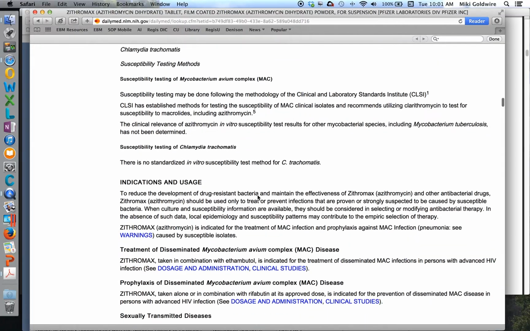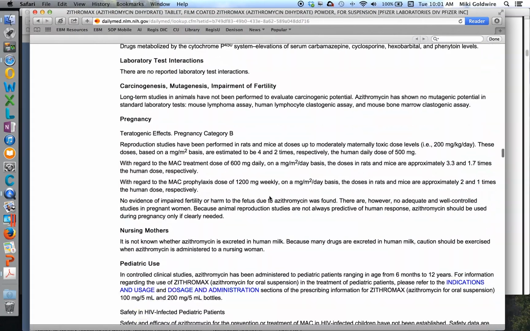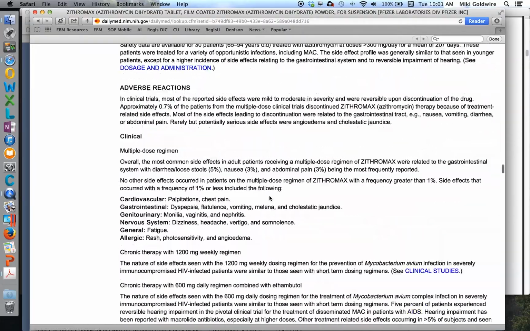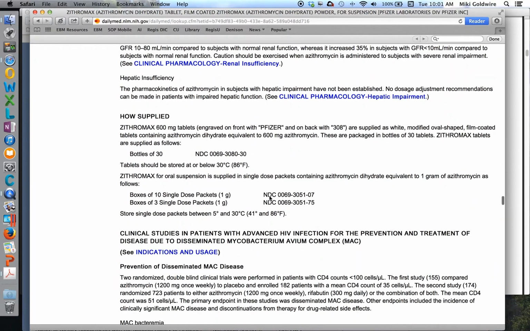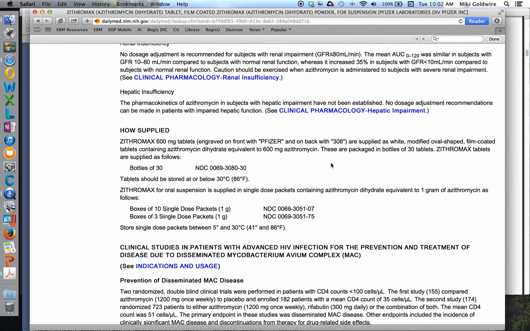You can find information here. I especially like the How Supplied section, if you're ever wondering how it comes, although this can also be found in the drug databases. I just thumb down to How Supplied, and you can see there are 600 milligram tablets. They're film coated, and they're packaged in bottles of 30.